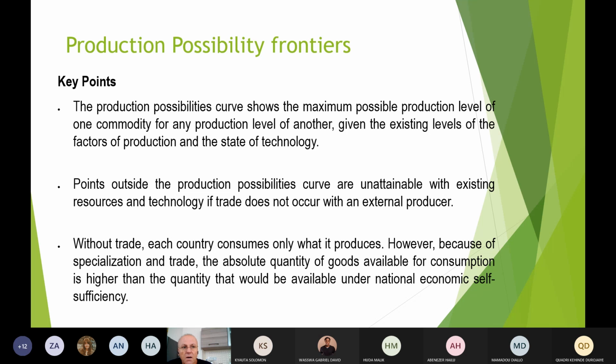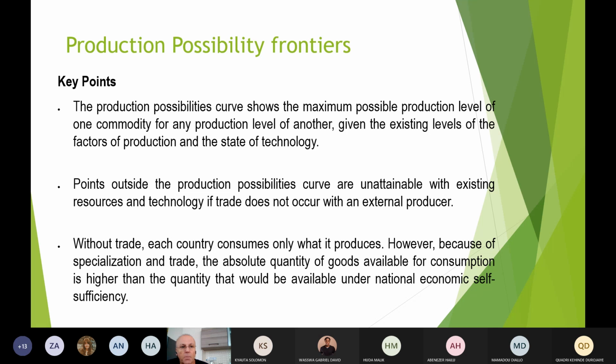But from now on, you are probably aware that the production factors are land, labor, capital, and available technology. Any of these factors affects and changes the production capacity of a business. Points outside this production possibility curve are unattainable with existing resources and technology if trade does not occur with an external producer. Without trade, each country consumes only what it produces.